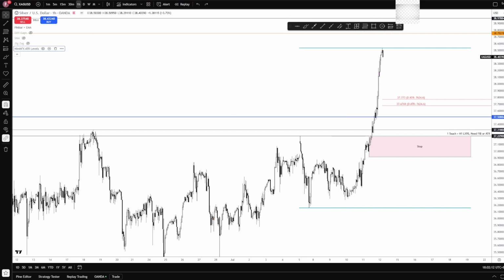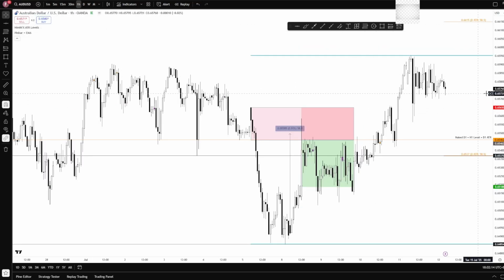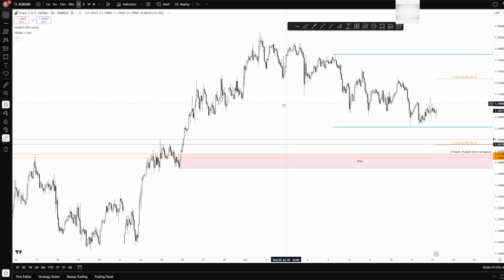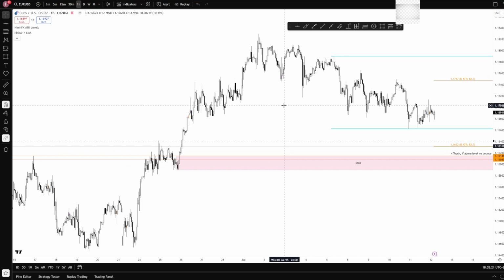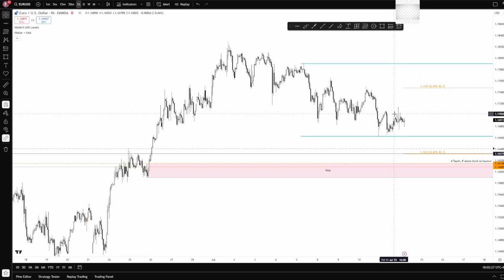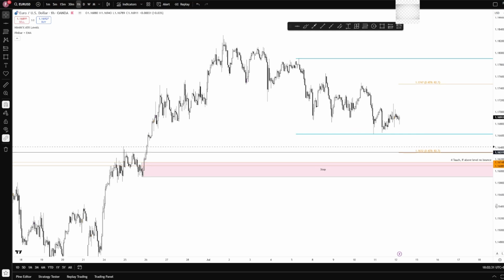Another pair that I'm looking at is euro dollar. This was actually forecasted in my previous video as well. Price for last week just grinded. It did not really come down to my level. So this trade is still valid in my opinion.